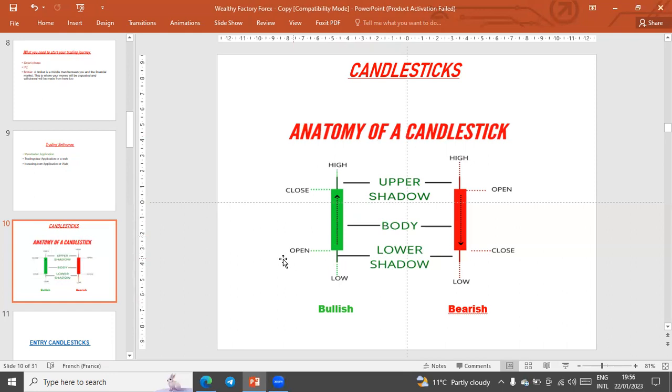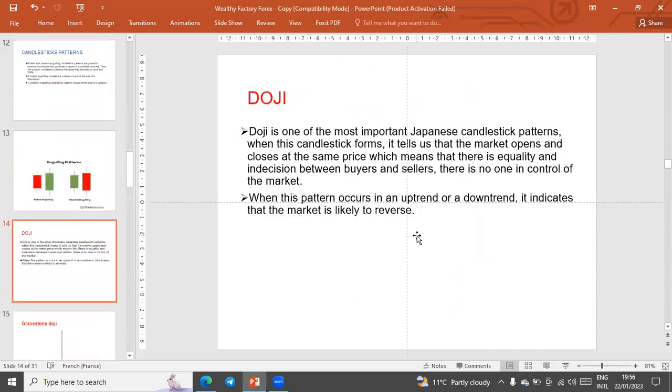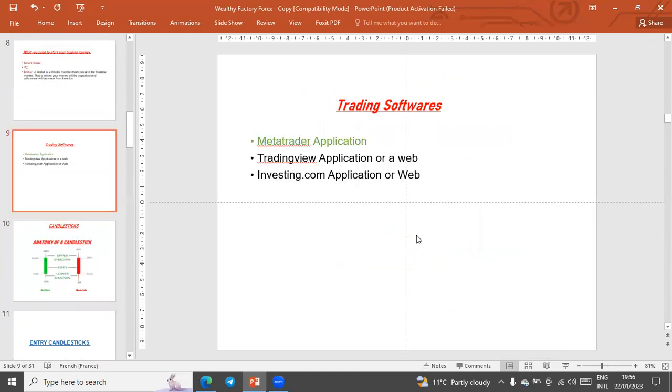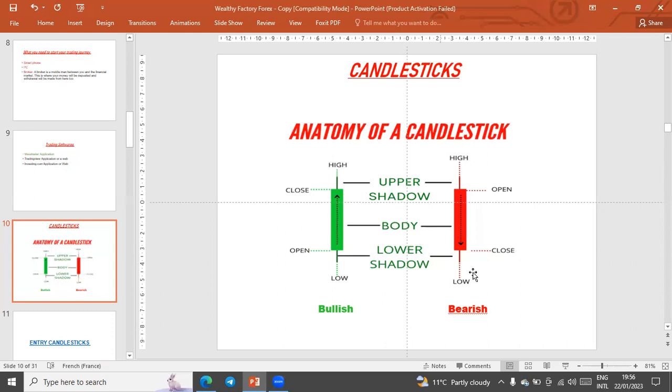So what do we mean by saying it opens from low and then closes from high? By this, we mean that a bullish candlestick pushes the market up, right? As we go on, you're going to hear something like a bullish trend, a bearish trend. So this one is a bullish trend.